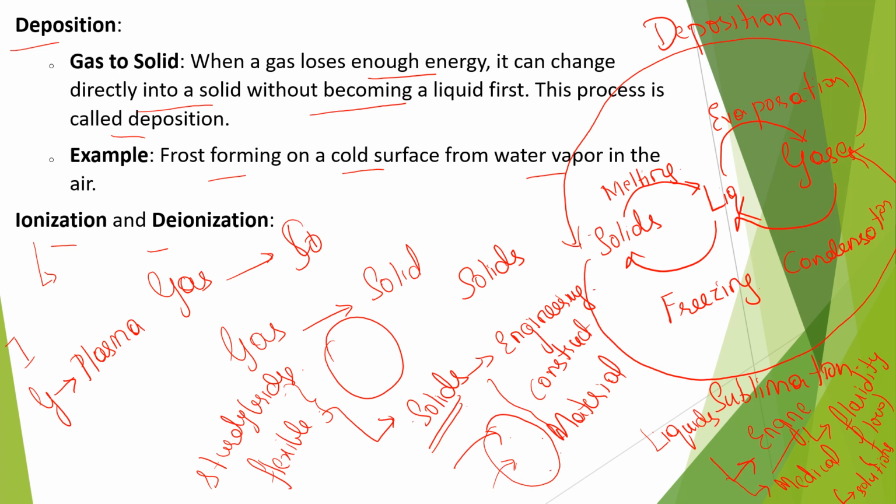And one thing I want to say: there is one exception. Like I told you, in solids the particles are very tightly packed as compared to the liquids. There is one exception to this. You always know that ice and liquid are converting states, right?